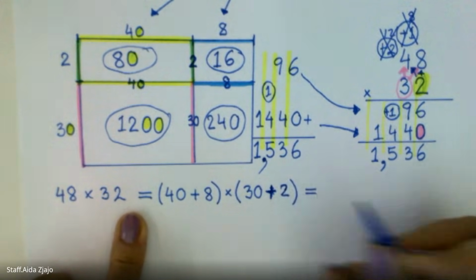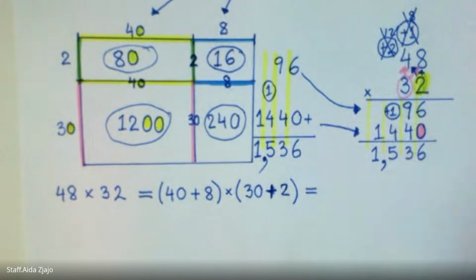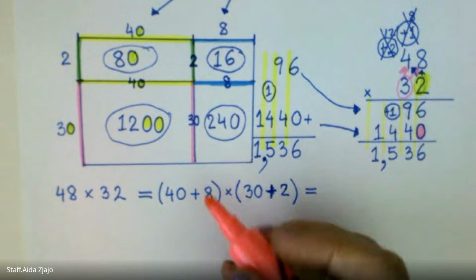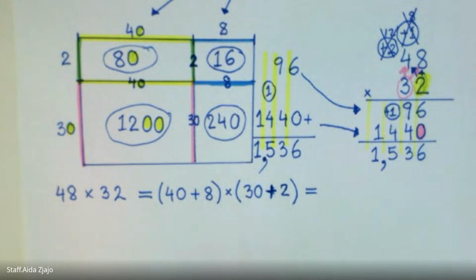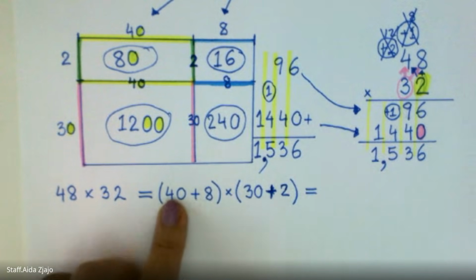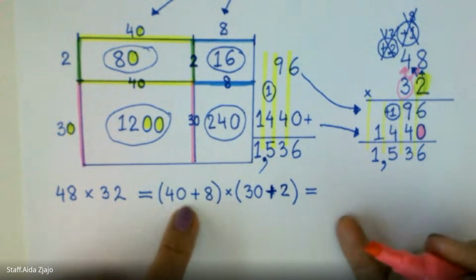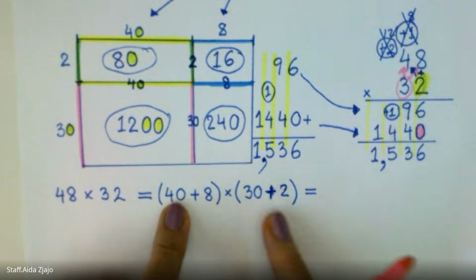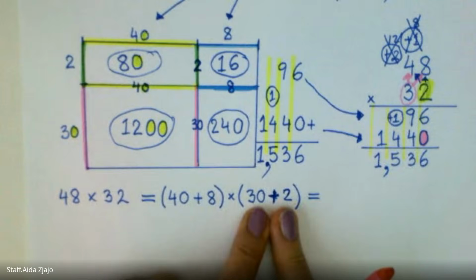And then I'm going to use the distributive property by saying if I distribute numbers, I have to multiply each number from one parenthesis to each number in the other parenthesis.